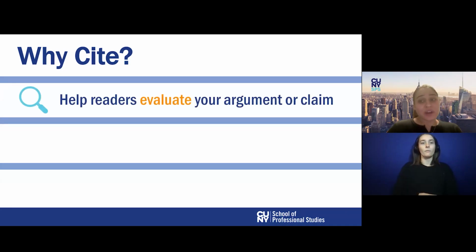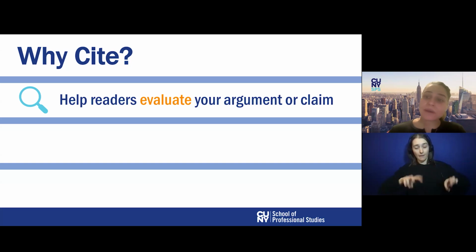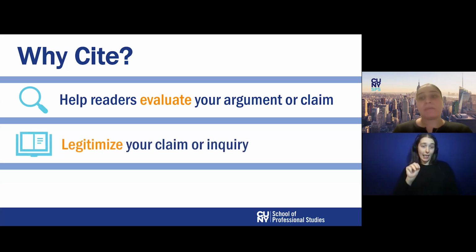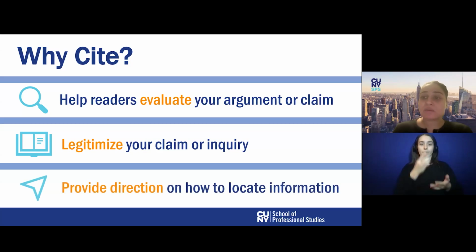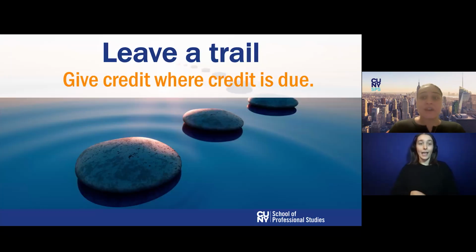We cite in order to help readers evaluate the arguments or claims that you're making and to legitimize those claims or inquiries. And we cite in order to provide directions on where our readers can find the same information if they want to look at it themselves. And most importantly, we want to give credit where credit is due.